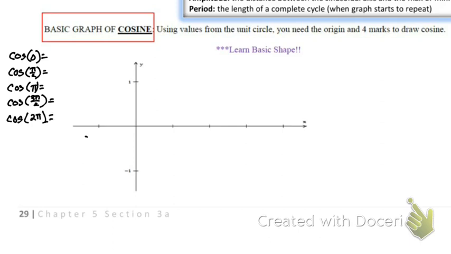I want you to find those values and graph that graph. So find each of those values and make the graph. That is perfect.